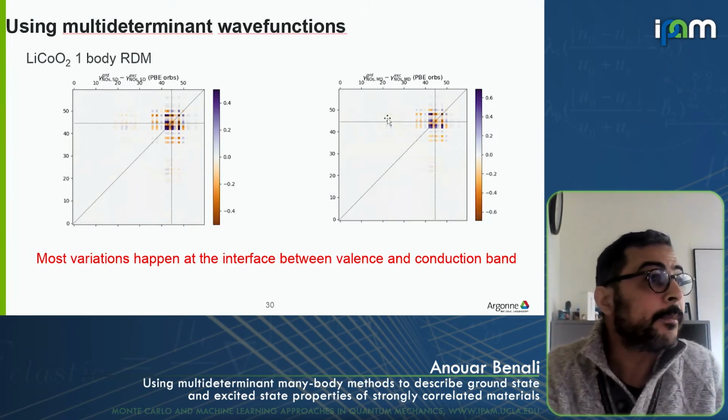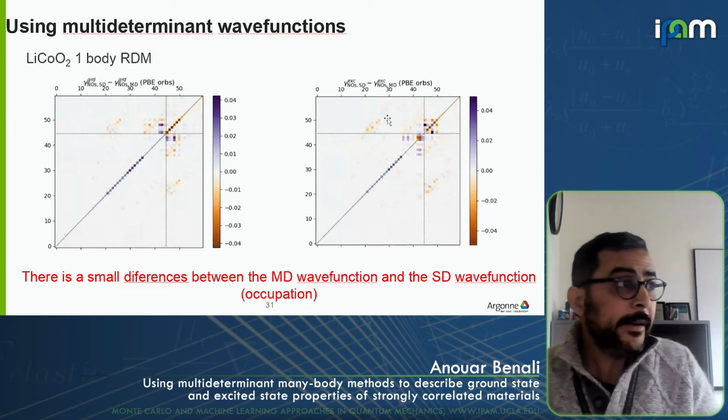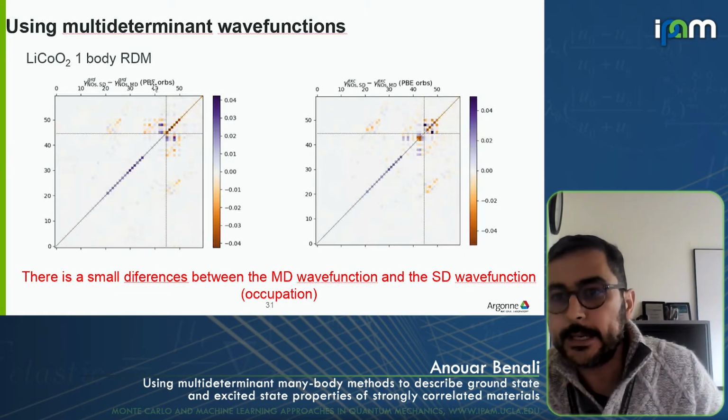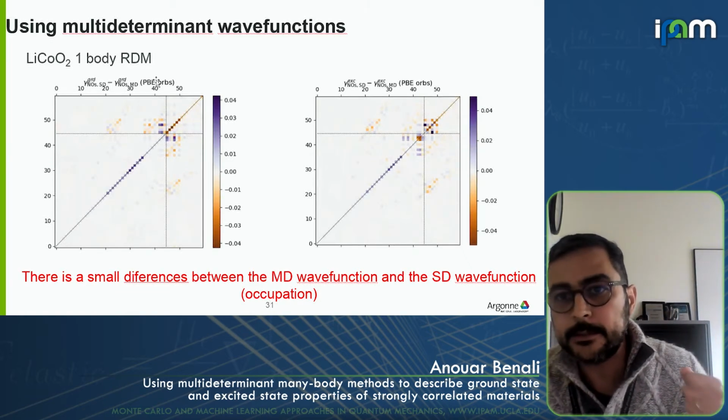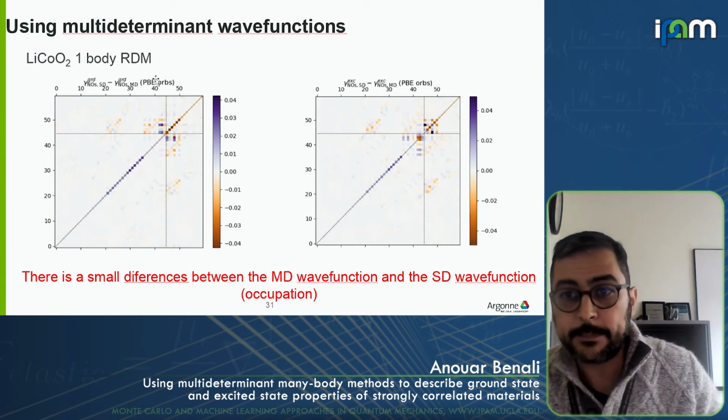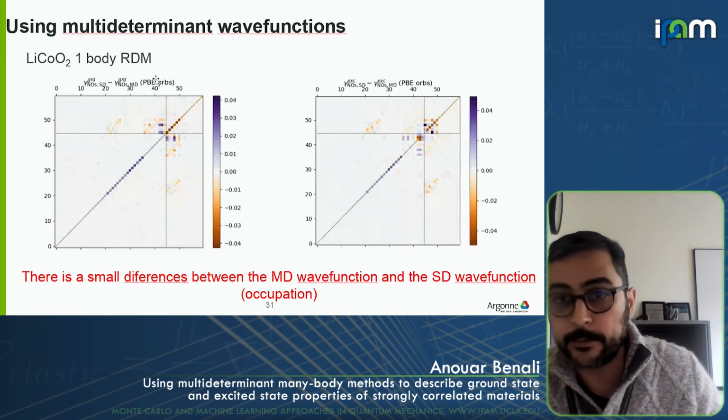This is great. Now, if I do the difference to try to see if I really need this multi-determinant, because the most important question now is, do I need the multi-determinant expansion, or do I just need better orbitals?